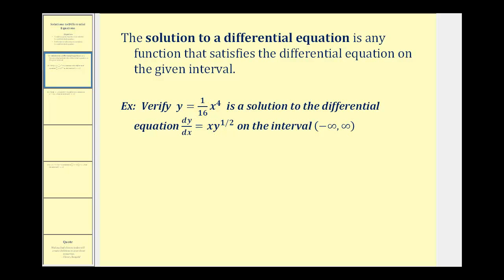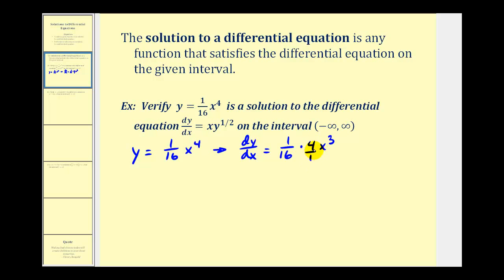equation. So if y is equal to 1/16 x to the fourth, we apply the power rule here to find dy/dx. So dy/dx is going to be equal to 1/16 times the derivative of x to the fourth, which would be 4x to the third.